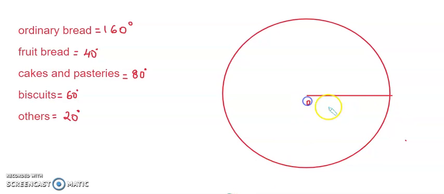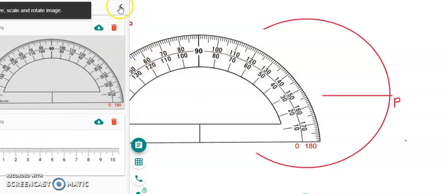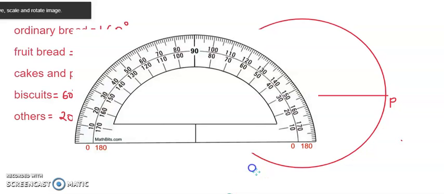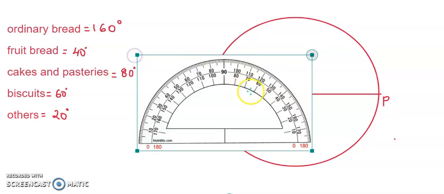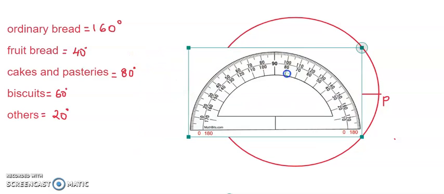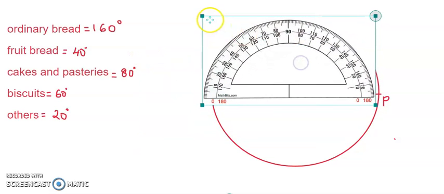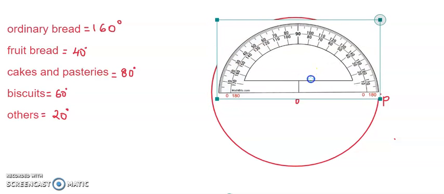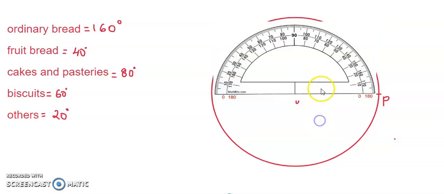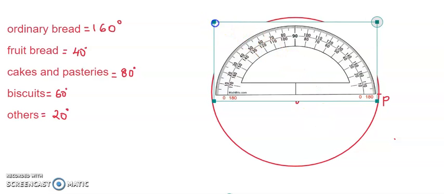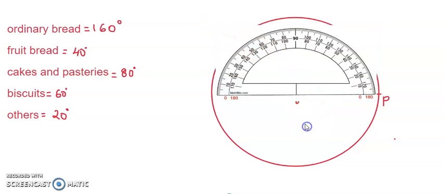Now the first thing that I need to measure is 160 degrees. So let's bring the protractor. I'm going to drag it a little bit into the center, make it a little bit smaller, and fit it to match with this P. Yes.